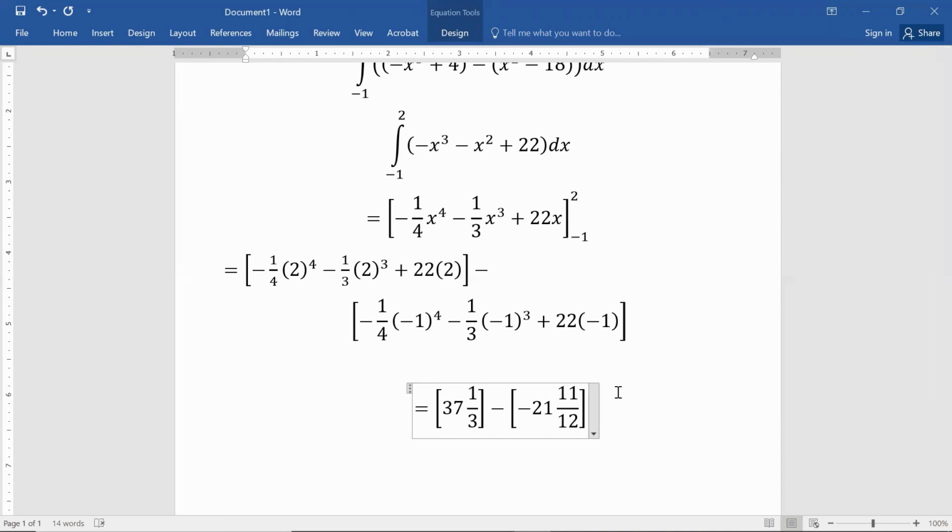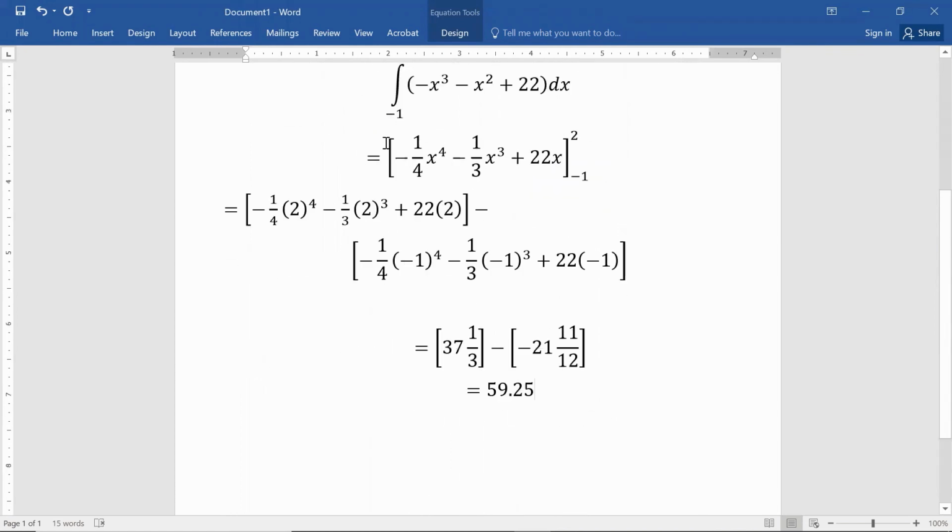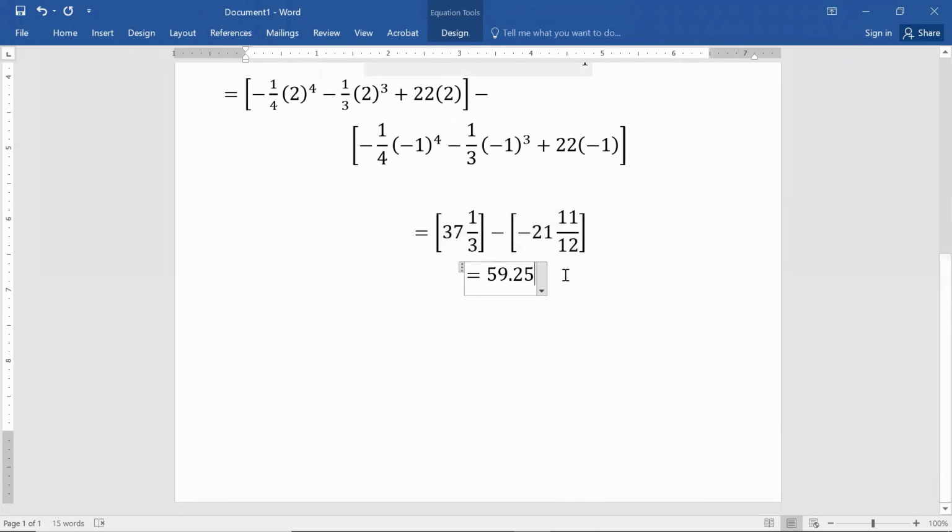When I combine all of that, I end up with 59 1/4, or 59.25 exactly. That means the area graphed out by these two functions on this interval is actually 59 1/4. That's a pretty interesting problem there.